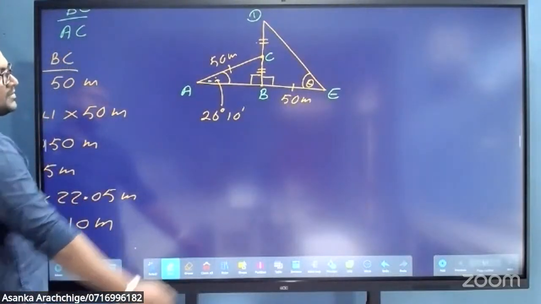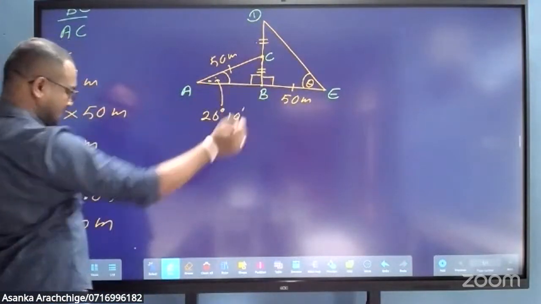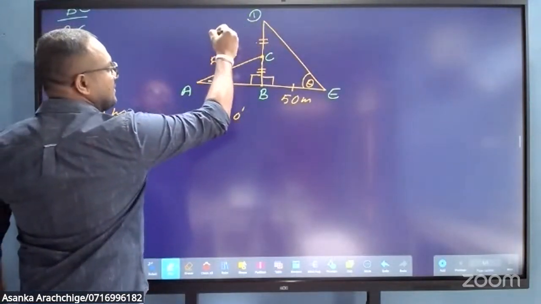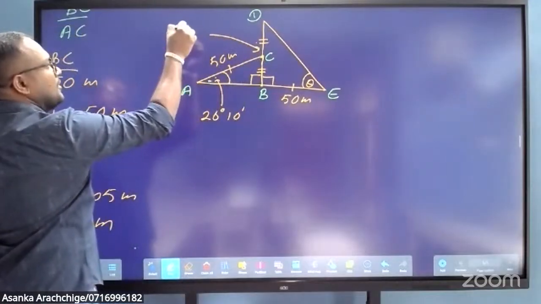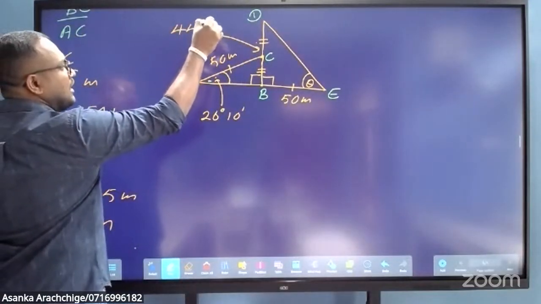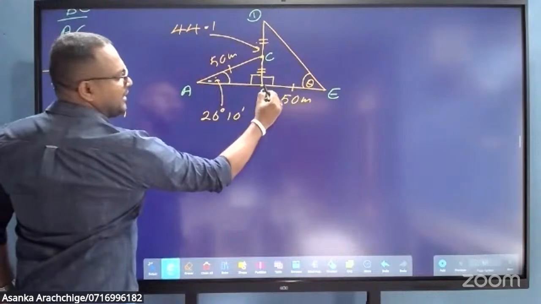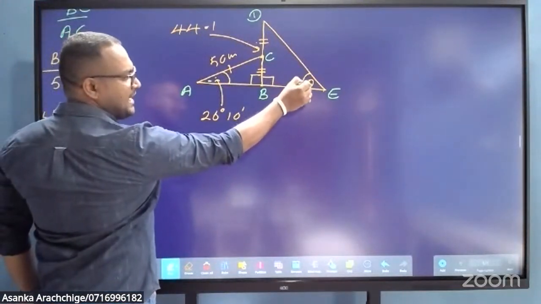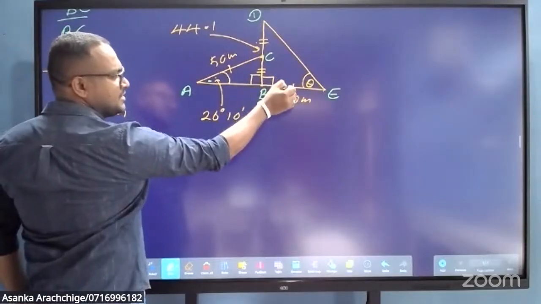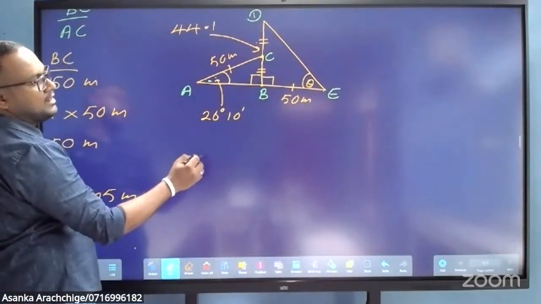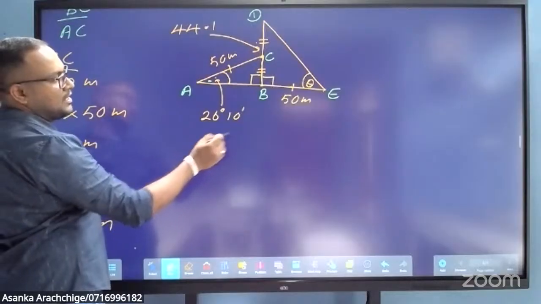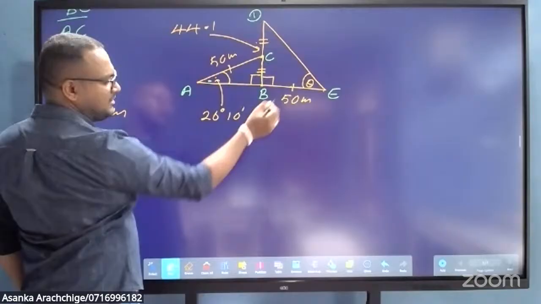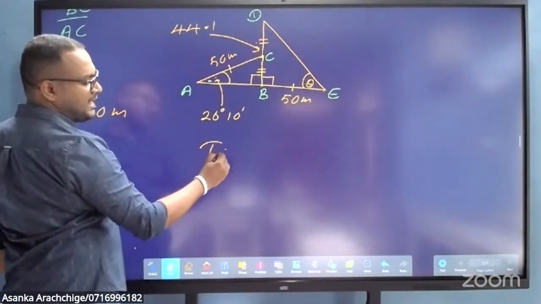Now listen. Now we know the length of this side, which is 44.1. Then with respect to this angle, this is opposite, this is adjacent. Therefore, from the opposite side and adjacent side of an angle, we can get the tan ratio.